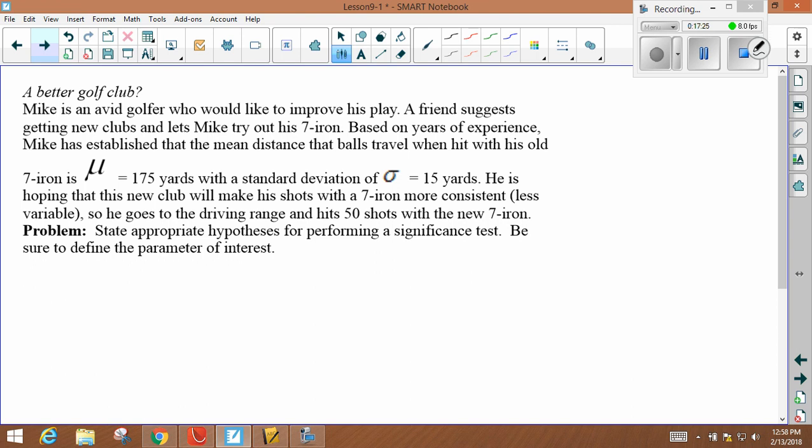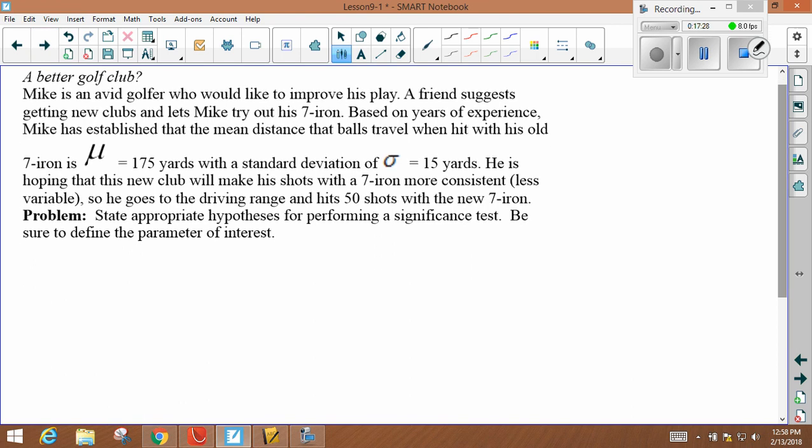So if his standard deviation changes, if his standard deviation gets lower, then that's going to be evidence that the new 7-iron actually helped with the variability of his shot. And perhaps that means that he'll do better if he gets new clubs, if that's what he's trying to do.